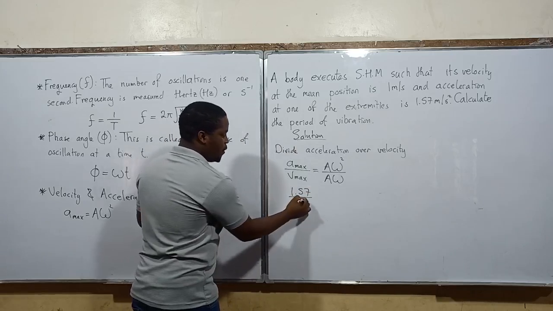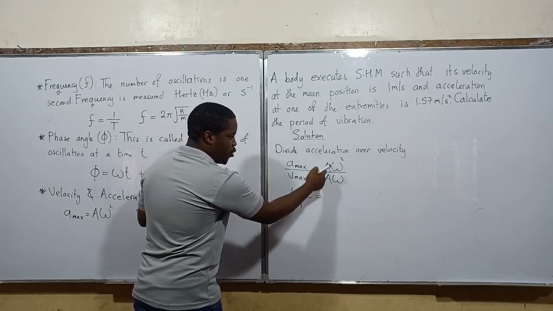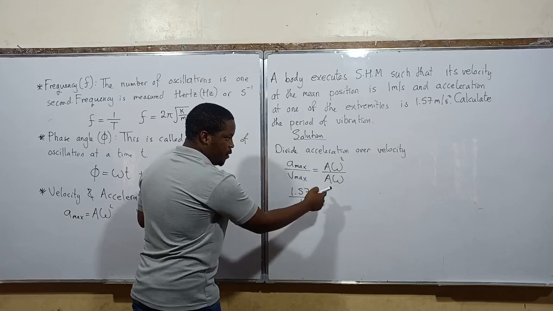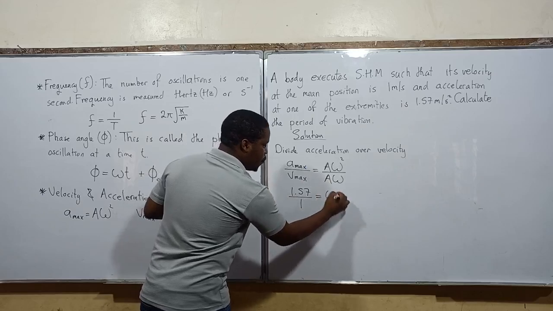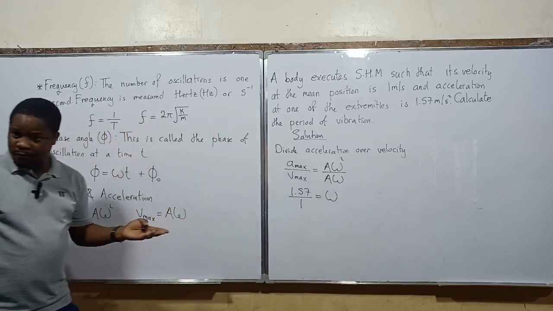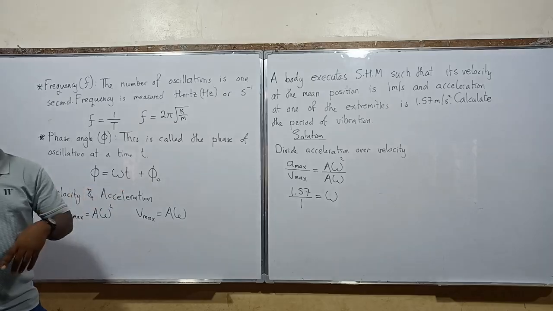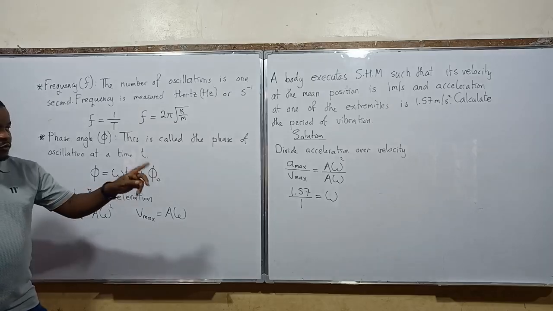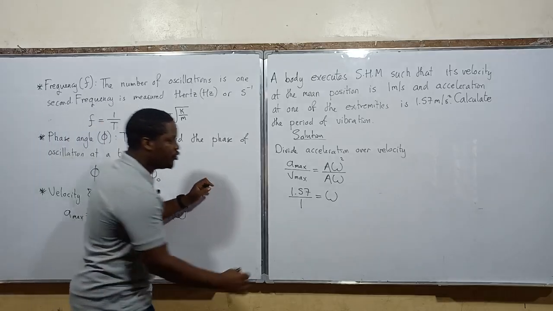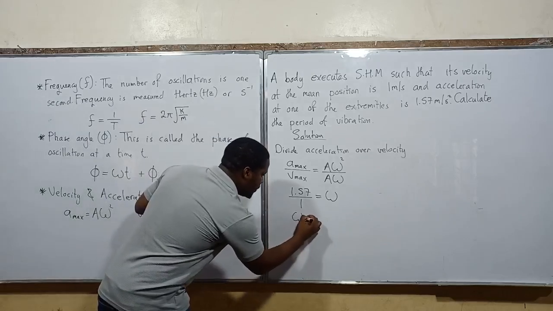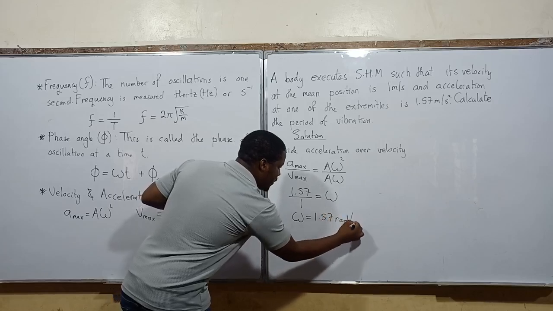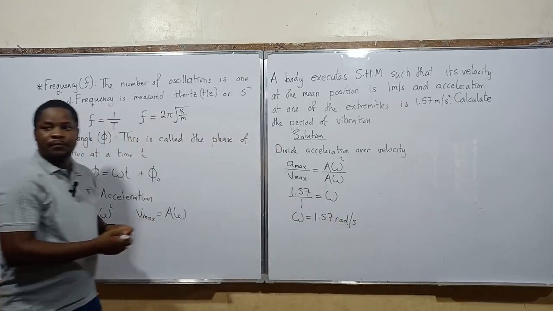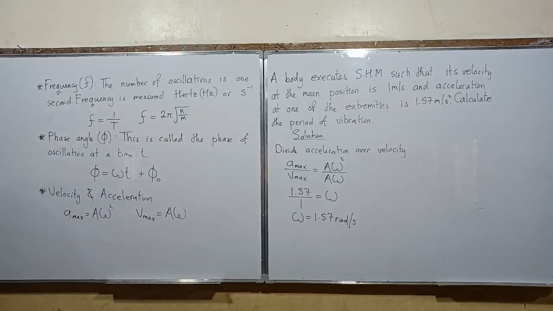Velocity is 1. Remember, amplitude will cancel, and omega cancels too. You just remain with 1 omega. So in short, omega is equal to 1.57 radians per second. Is that okay?